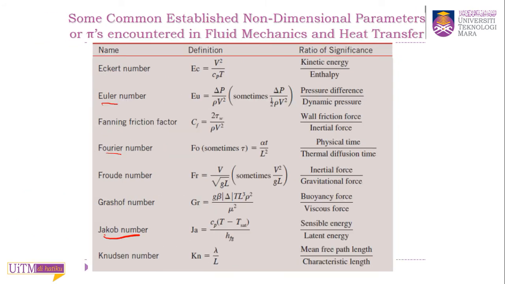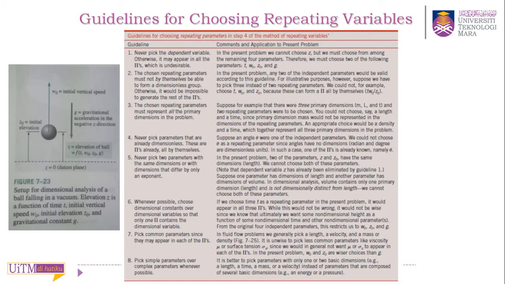Okay, they will provide you the guidelines for choosing the repeating variables. Before that, normally, not always, normally in a question in this subject, the repeating variables are given in the question.